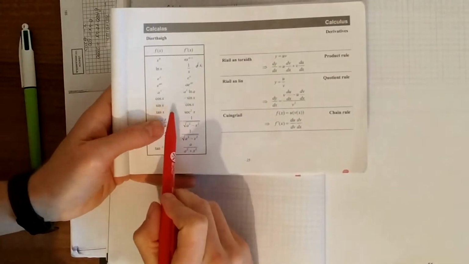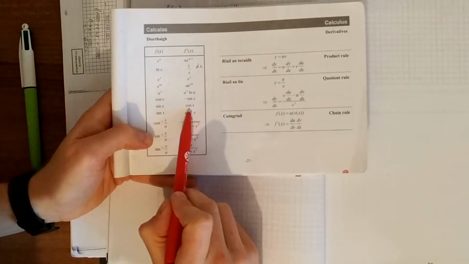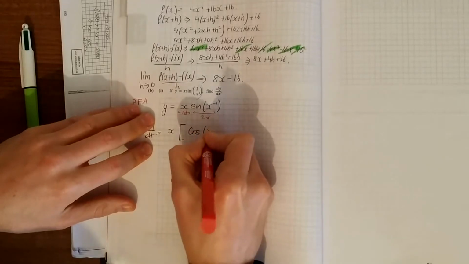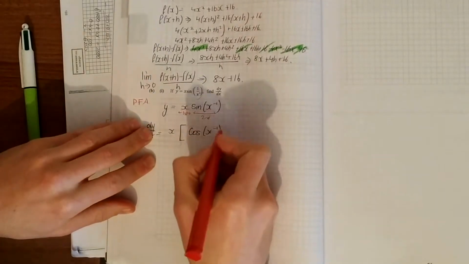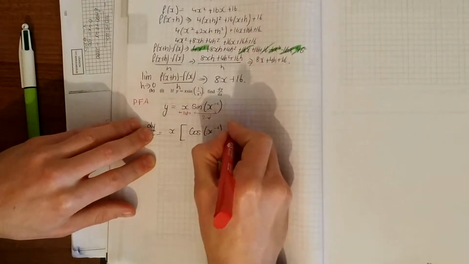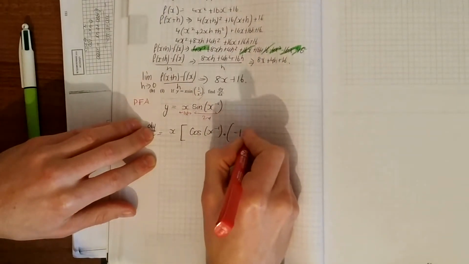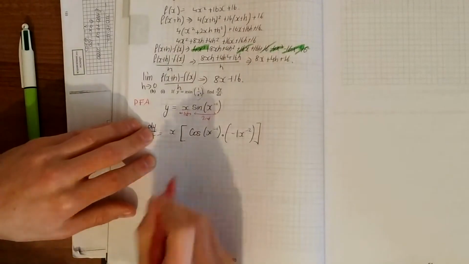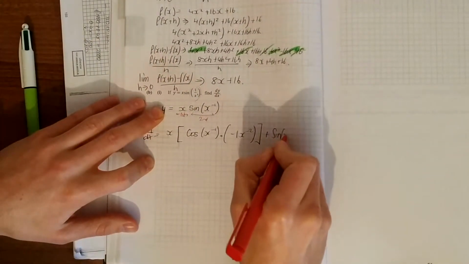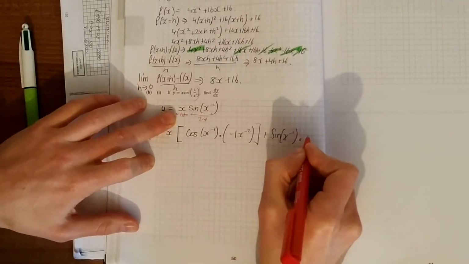So the diff of the sine function here is the cos function. So we've only dealt with that, cos of x to the power of minus 1. And now diff the angle. This is your angle here, multiply down with the power, reduce the power by 1. And we'll tidy that up later. First by the diff of the second plus the second times the diff of the first, which is 1.